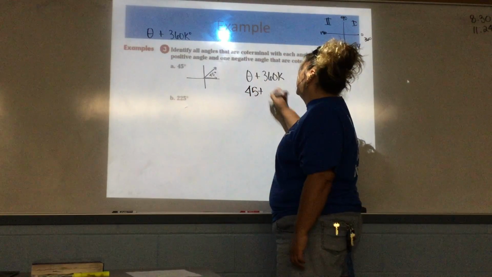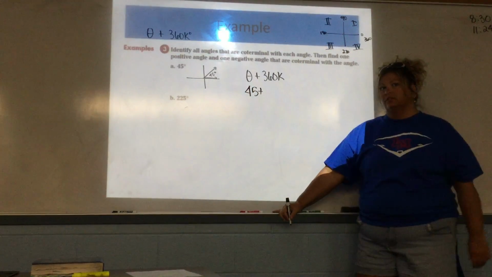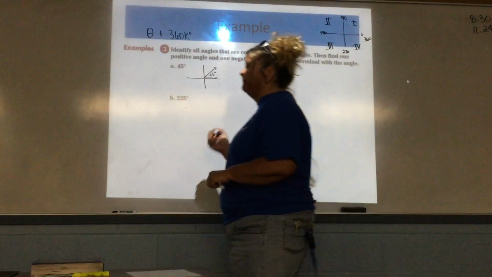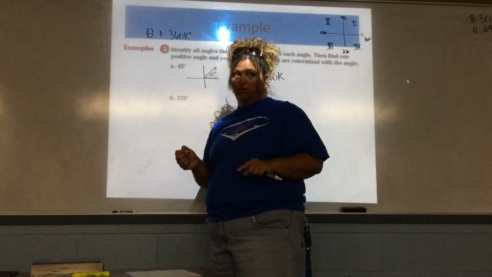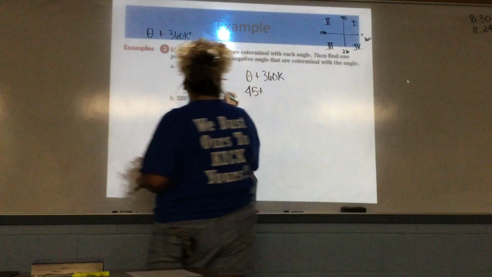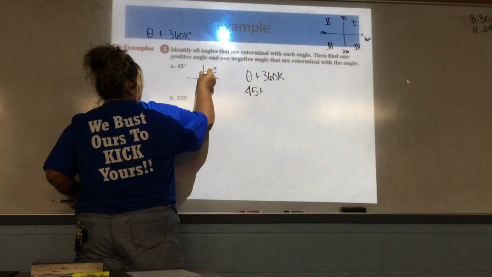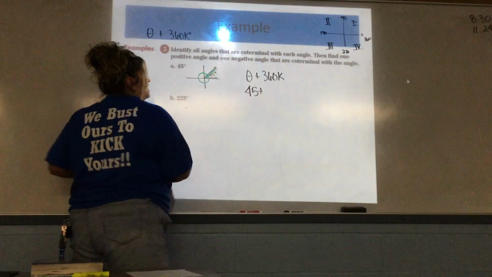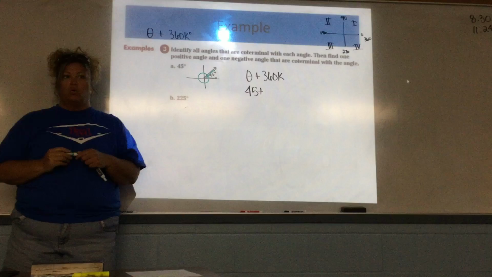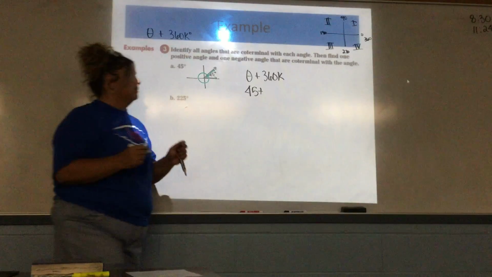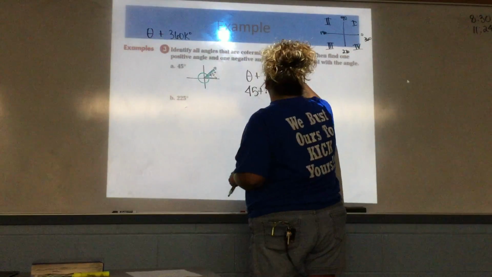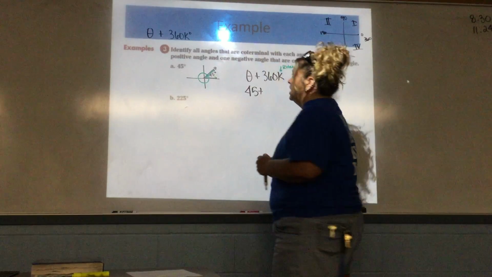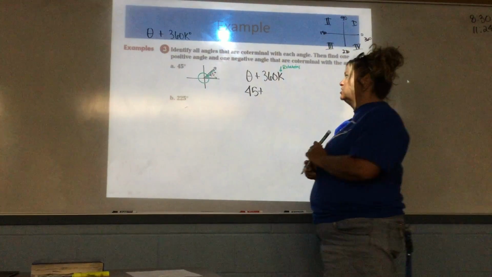So in order to find a coterminal angle, I can go positive. Which direction do I need to go for this thing to be positive? Counterclockwise. Good. So I could go this way, and I could land there. How many rotations did that take? 1. K represents rotations. I did one positive rotation, right?